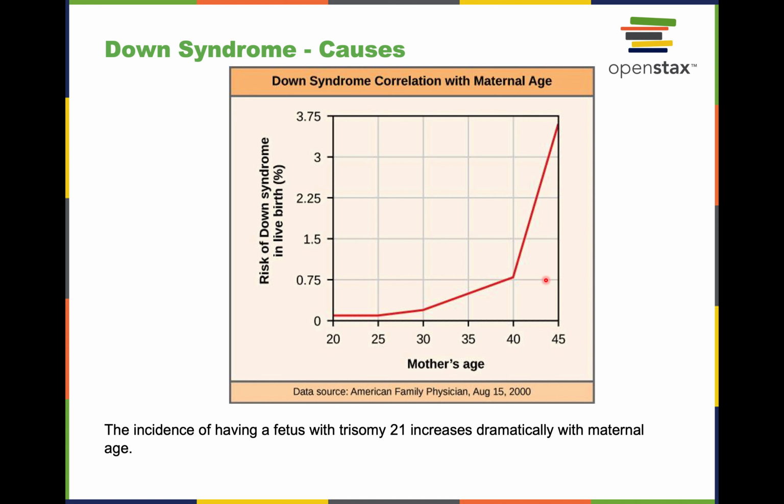And it is thought that because the eggs are present in a woman's body, and maybe we don't know exactly why, but one thought is that since the eggs are in a woman's body and during our lifetime we are exposed to so many environmental conditions, or maybe if the eggs lie around too long, they accumulate abnormalities. Anyway, it is thought that it has to do with the age of the egg that increases this condition of trisomy.